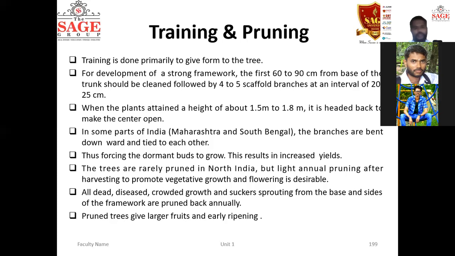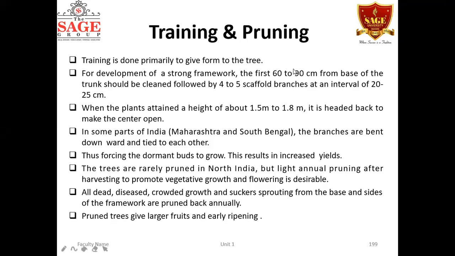So here the very important aspect is training and pruning. Training is done primarily to give proper form as well as structure and framework to the tree. The development of a strong framework is very essential. The first 60 to 70 centimeters from the base of the trunk you have to clean.